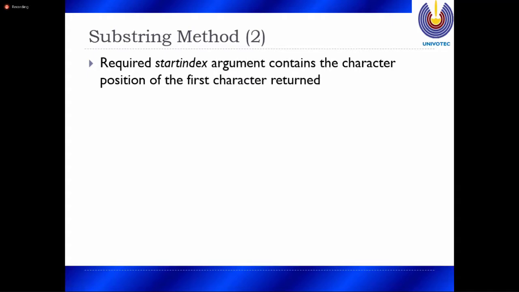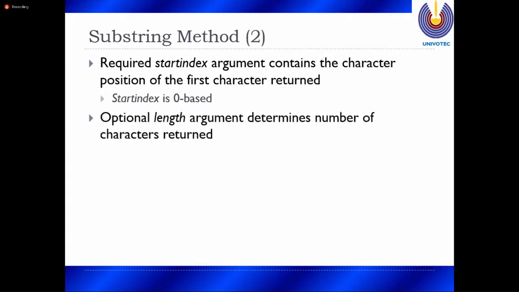The starting argument contains the character position of the first character returned, the first letter where you start. The starting index is also 0-based. If you manipulate a string, the position is 0-based. Don't forget, remember that it is 0-based.